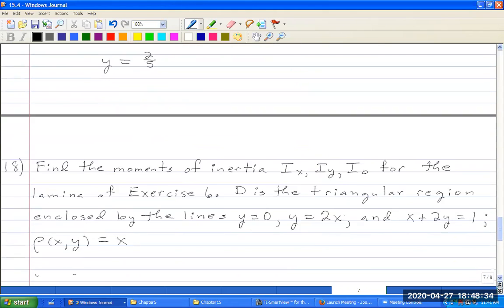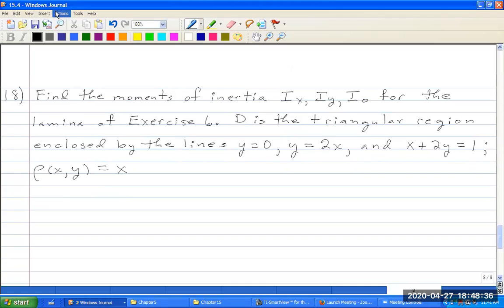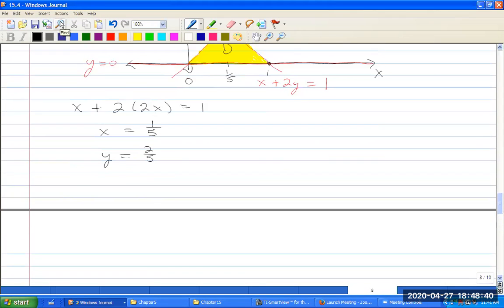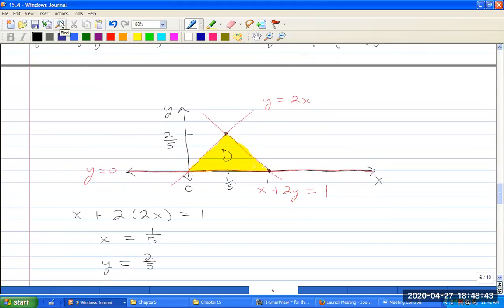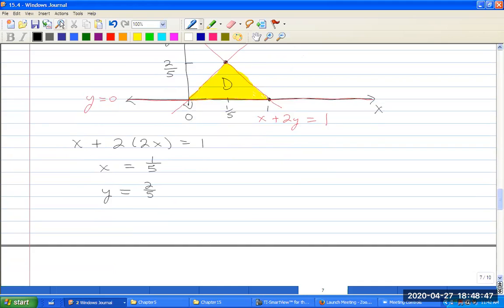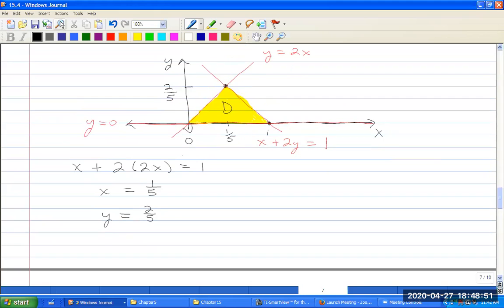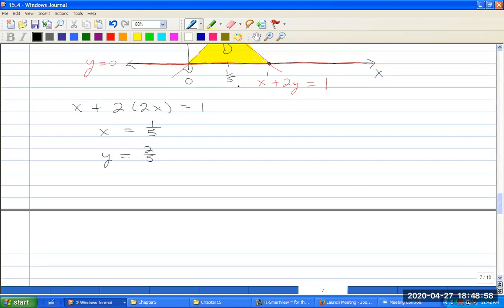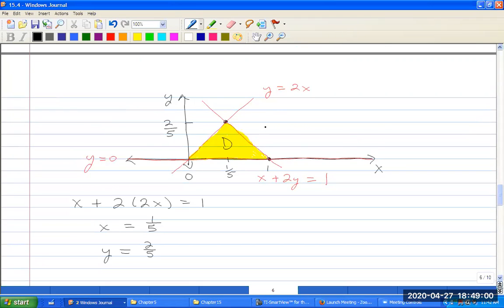Let's do a little bit more room here. So I want to find the mass. And the density here is x, so where the density rho is equal to x.